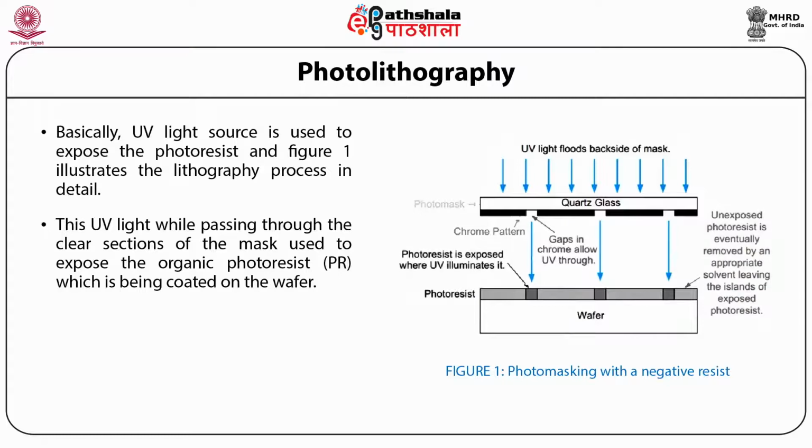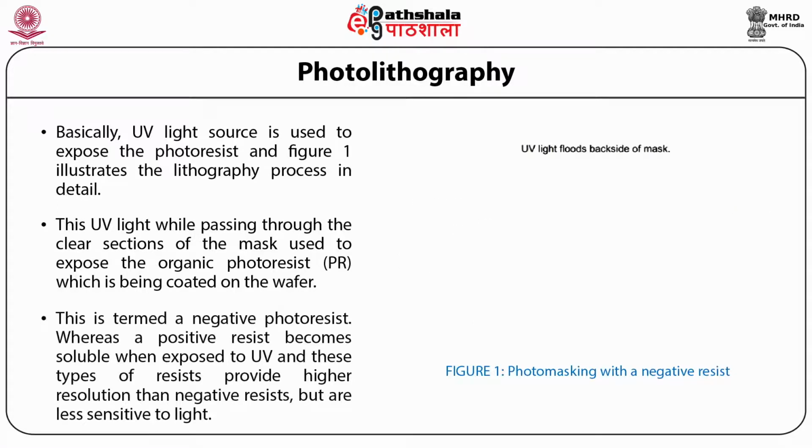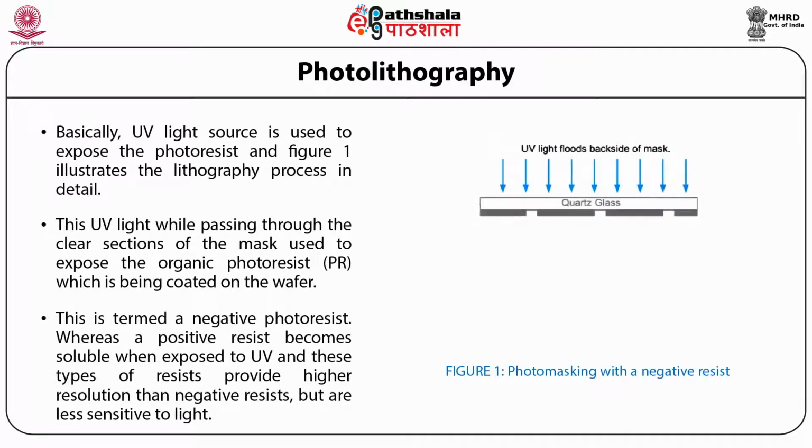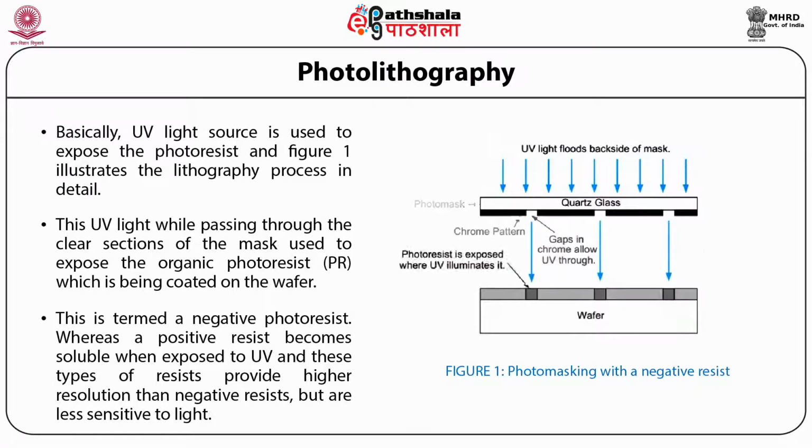The unexposed photoresist is removed by dissolving it in a developer solvent, leaving islands of insoluble exposed photoresist. This is termed negative photoresist, whereas a positive photoresist becomes soluble when exposed to UV, and this type of resist provides higher resolution than negative resist, but is less sensitive to heat.